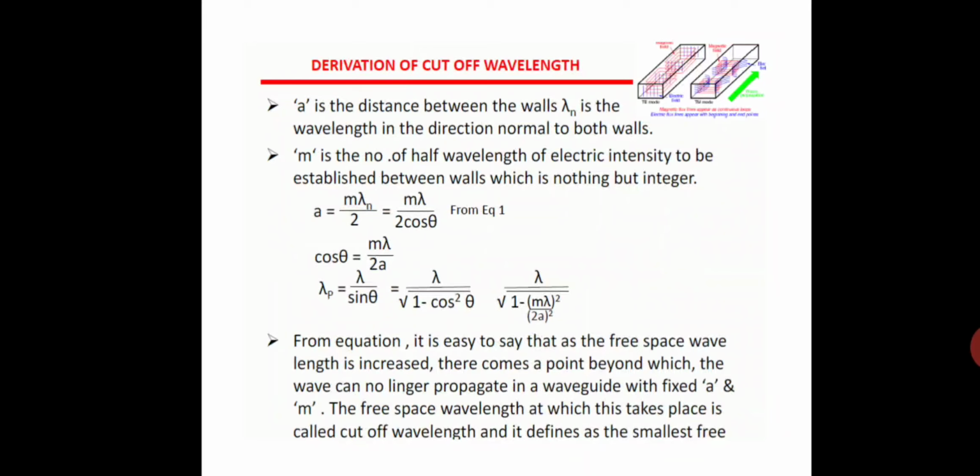Signals can progress along a waveguide using a number of modes. However, the dominant mode is the one that has the lowest cutoff frequency for a rectangular waveguide. This is the TE10 mode. The TE means transverse electric and indicates that the electric field is transverse to the direction of propagation.